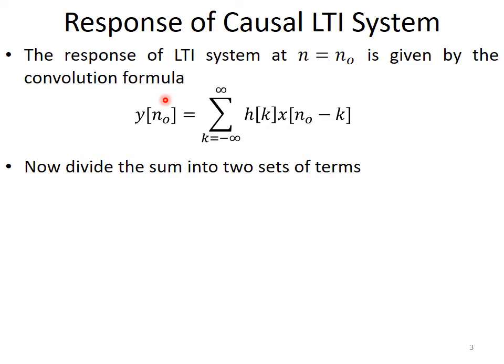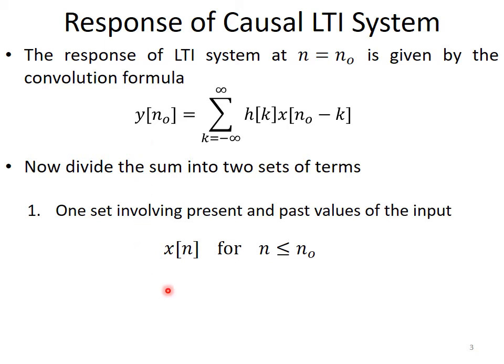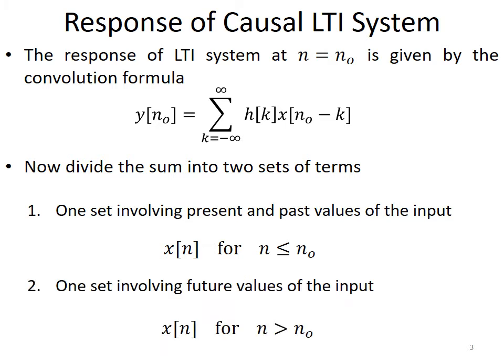One term involves the values of the input signal when n is less than or equal to n naught, which are the present and the past values, and the other set is when n is greater than n naught, which are the future values of x of n.